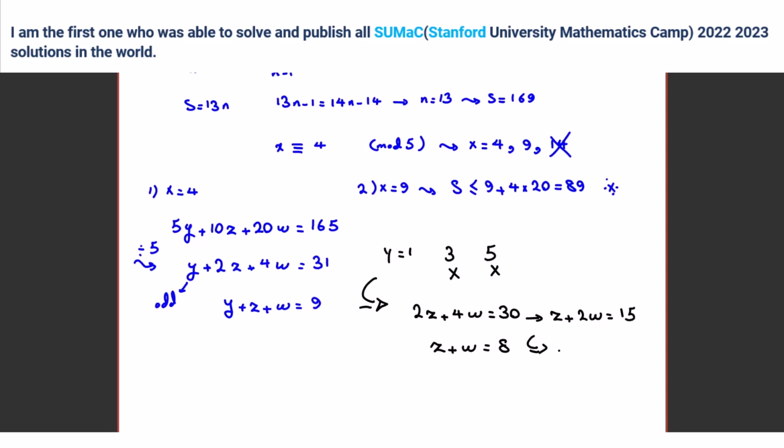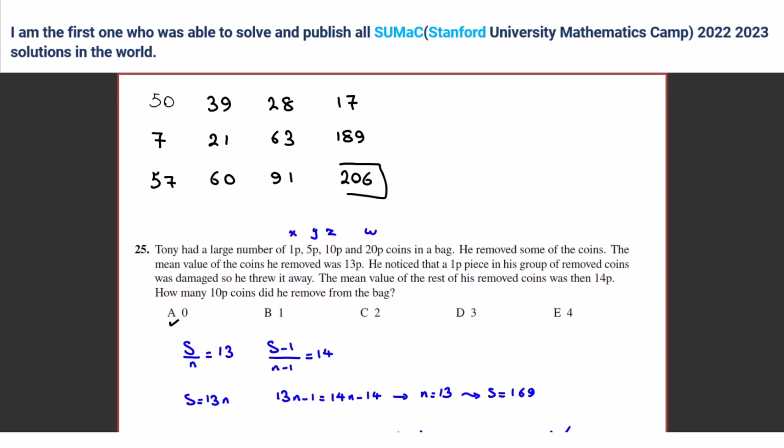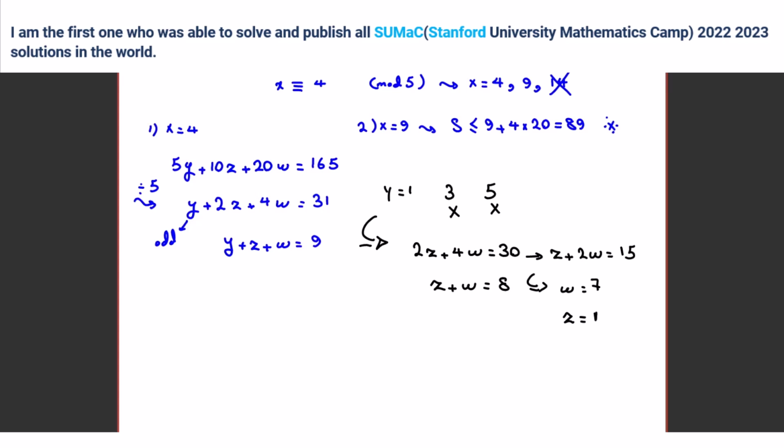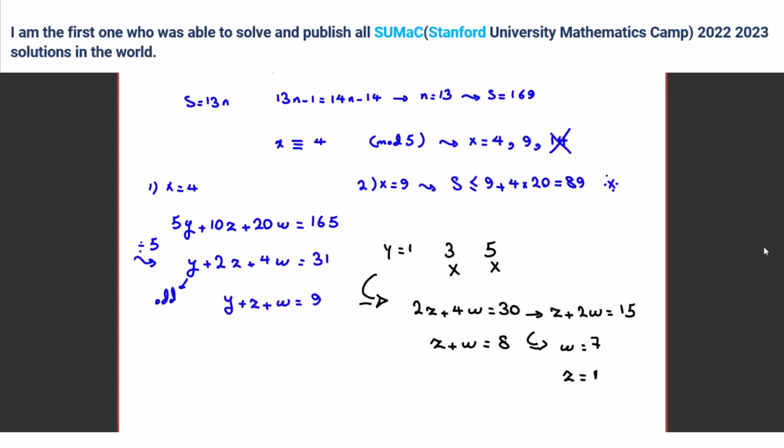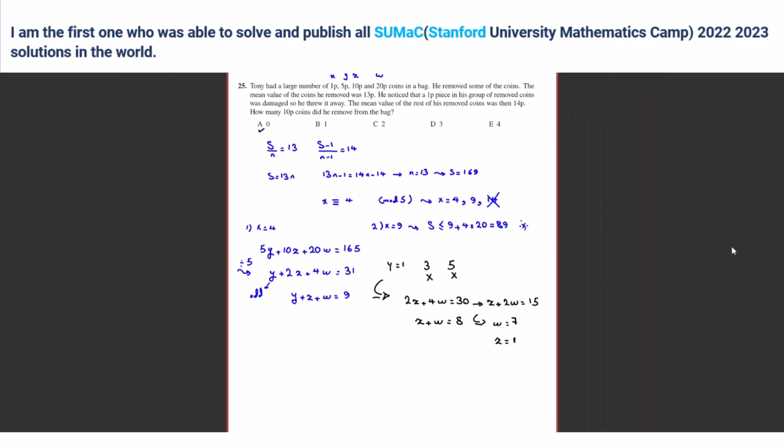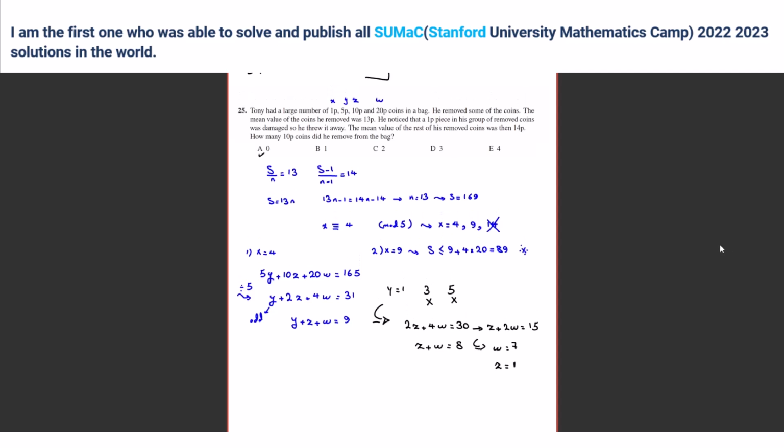So if we subtract, w is what? 7. z is what? 1. And the problem wants what? 10p means z. Oh, so why here we've reached z equals 1? Oh, I actually was thinking 5-pence coins. That's why.